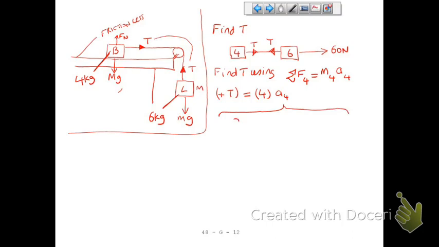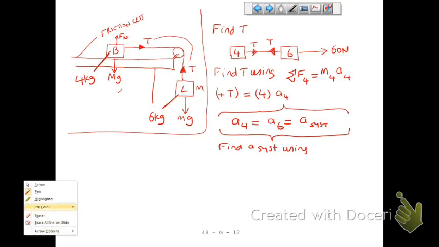I say the acceleration of the 4 is equal to the acceleration of the 6, which equals the acceleration of the system. That's a conceptual observation, if you like. And I say find the acceleration of the system using, well, let's change coloured pens so you can see exactly what I'm thinking here.